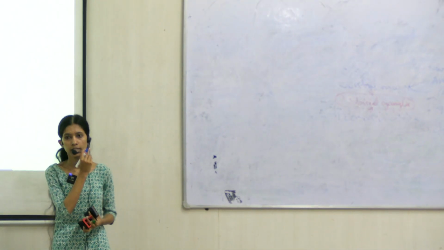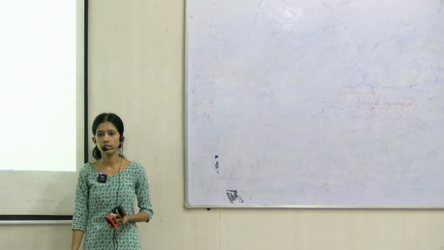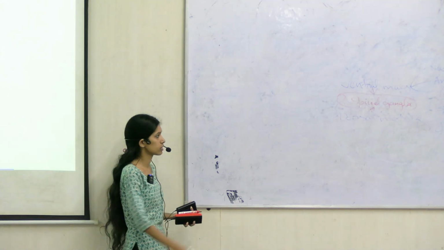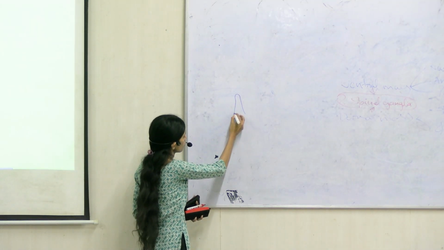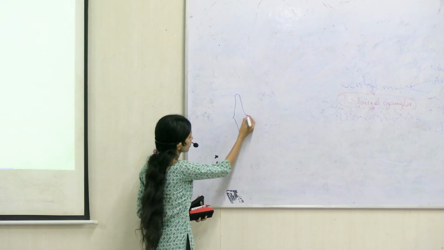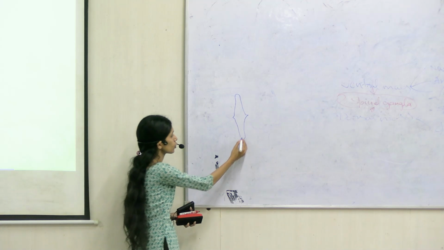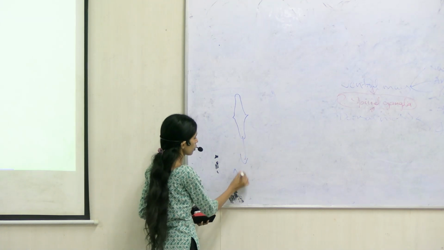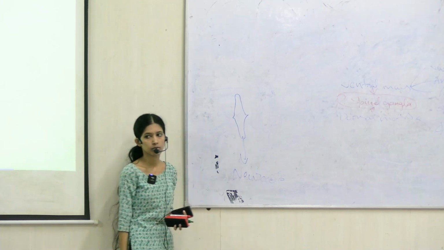Okay. If you take the cross section of the caudal part of the developing neural tube, this is how the structure is going to appear. First we have a small cavity like structure, this is called as neurocele. Okay.